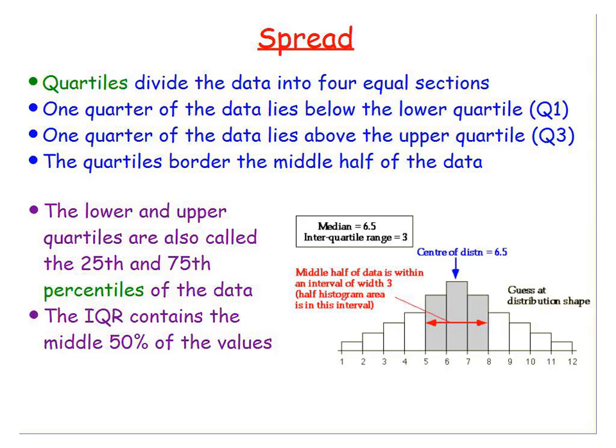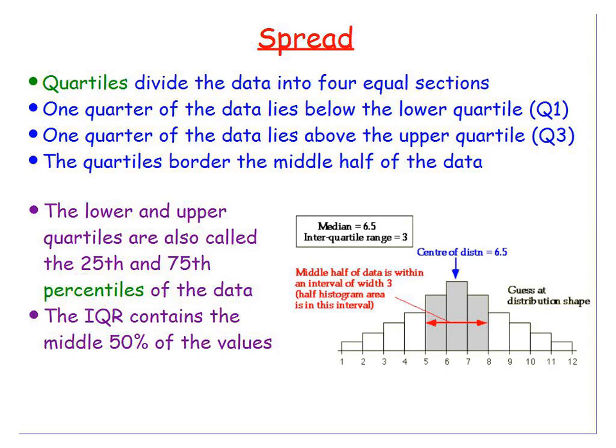And the quartiles, Q1 and Q3, they border the middle half of the data. The lower and upper quartiles are also referred to as the 25th and 75th percentiles of the data. And the IQR, which is between Q1 and Q3, contains the middle 50% of your data values.